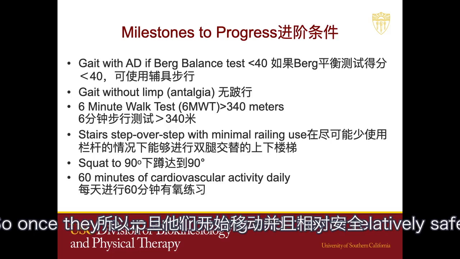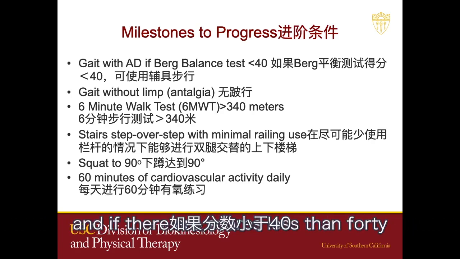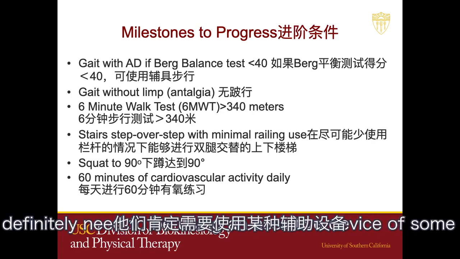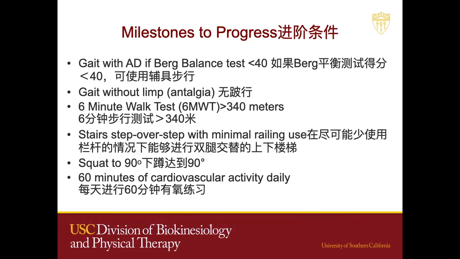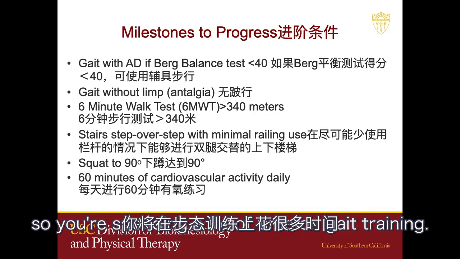So once they're up and moving and they're relatively safe, then I would say you want to do the Berg balance test with them. And if their score is less than a 40, they definitely need to be using an assistive device of some kind with their mobility. We also want to make sure that they're walking without a limp. So you're spending a lot of time on gait training.